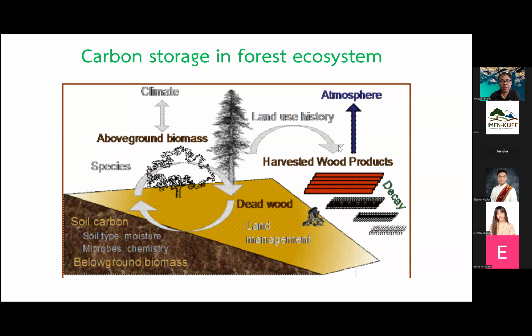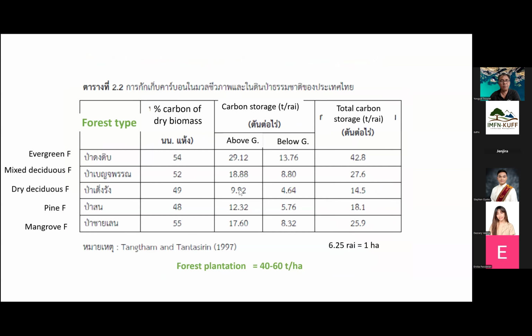And even when the tree has been lost and harvested for utilization, a lot of carbon will be kept in the wood product, like the kitchen table or chair. So a smaller proportion of the carbon will be emitted to the atmosphere.